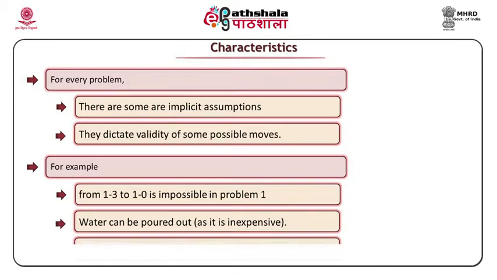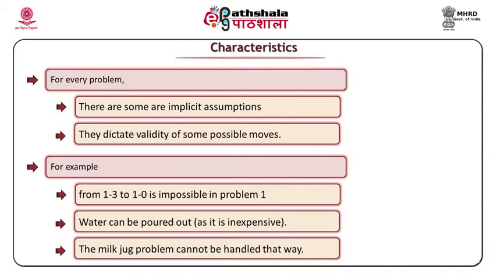Unlike that, we can't pour milk out of the jug. Why? Milk is expensive. You cannot pour it out. So these are implicit assumptions in the program itself. How to get them is a hard problem. Sometimes people say it's a question of common sense, but common sense, believe me my friend, is very uncommon.